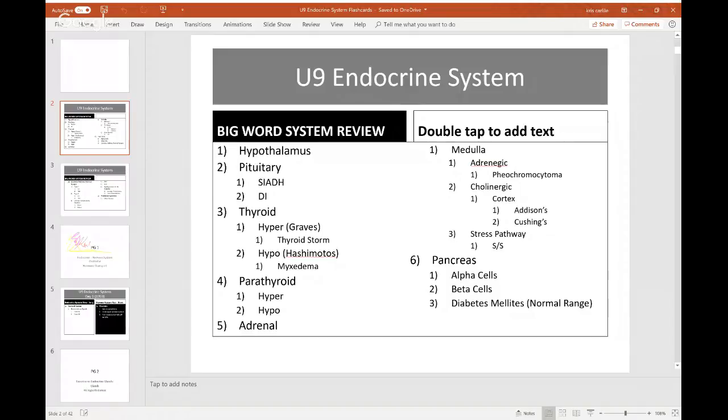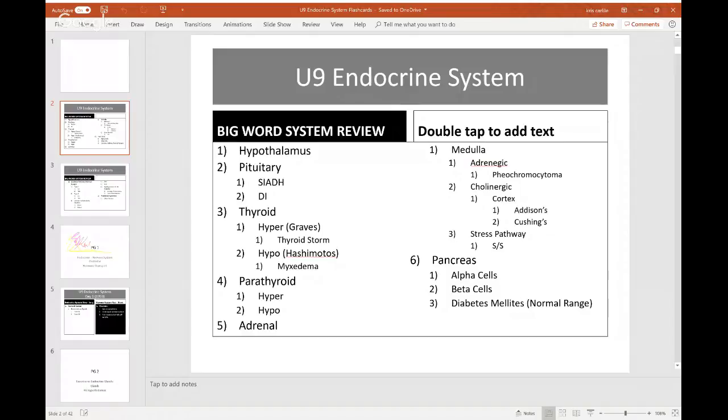HDL, the good cholesterol, is low: under 40 for men and under 50 for women. High blood pressure is over 135 over 85, or controlled with medicine, which is still a risk factor. And then fasting blood glucose levels higher than 100. Those are your five risk factors for metabolic syndrome.